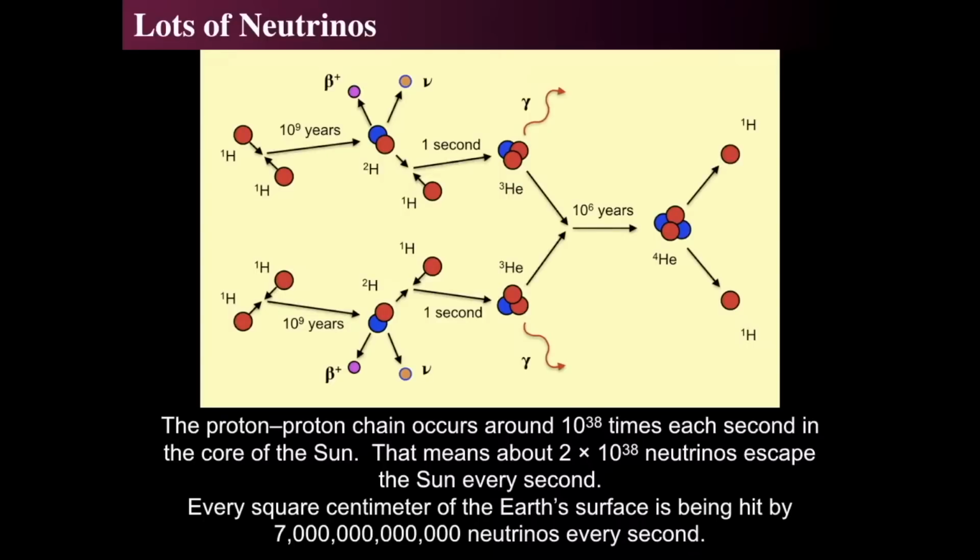By the time the neutrinos spread out to the Earth's orbit around the sun, we should expect to see over 7,000 billion neutrinos hitting every square centimeter on the surface of the Earth. That means if you hold your thumbnail towards the sun, every second 7,000 billion neutrinos go through your thumbnail. That's really crazy. That's a lot of neutrinos coming out of the sun. So let's see what else that means.